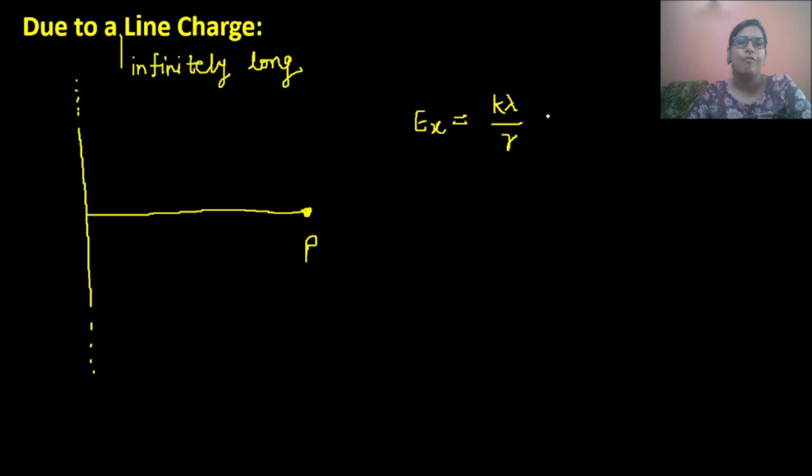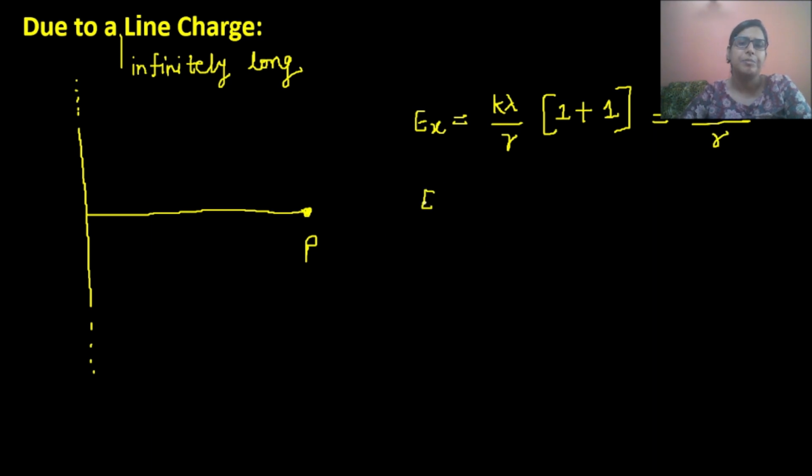What will be the value of alpha? It is 90 degrees. If we join the ends of this infinitely long line charge, then the angle will be 90 degrees. So sin alpha is sin 90, which is 1, plus sin beta. Sin beta will be sin 90 degrees, that is 1. So this will be 2k lambda upon r.